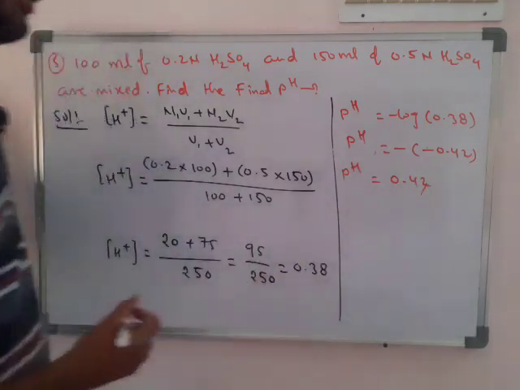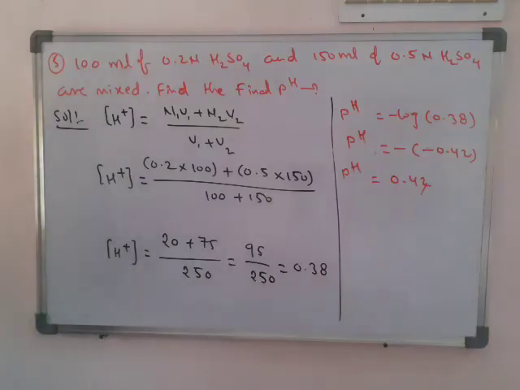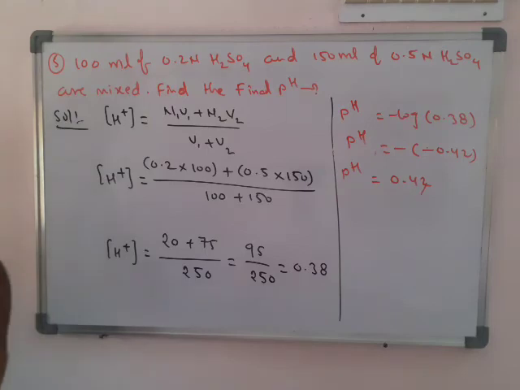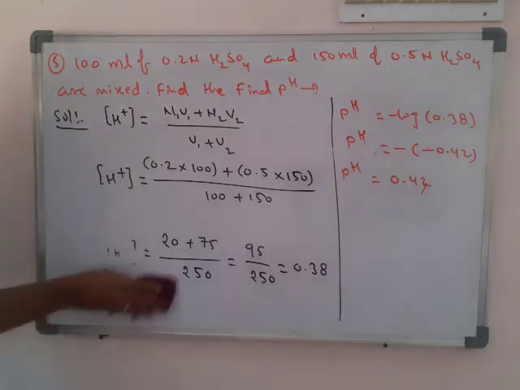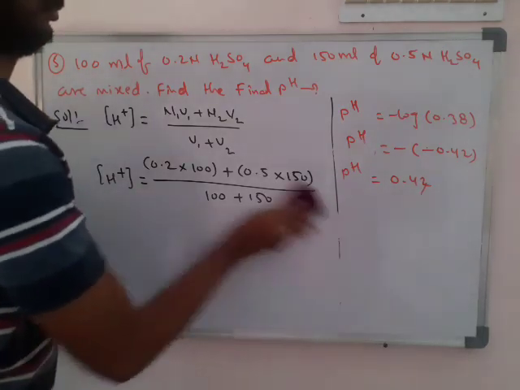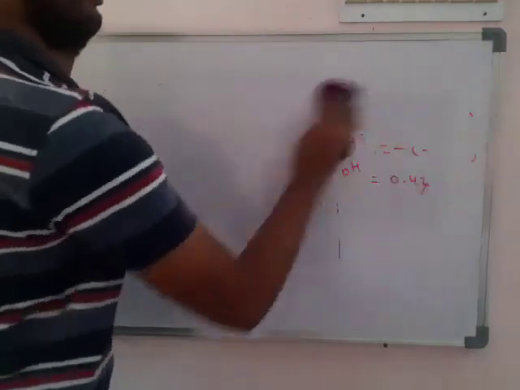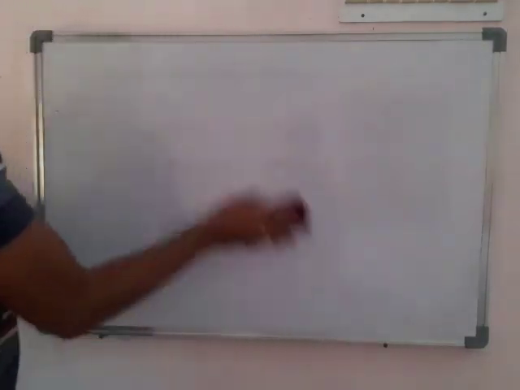So the pH equal to 0.42 means it is a strong acid. Let's see the next one.